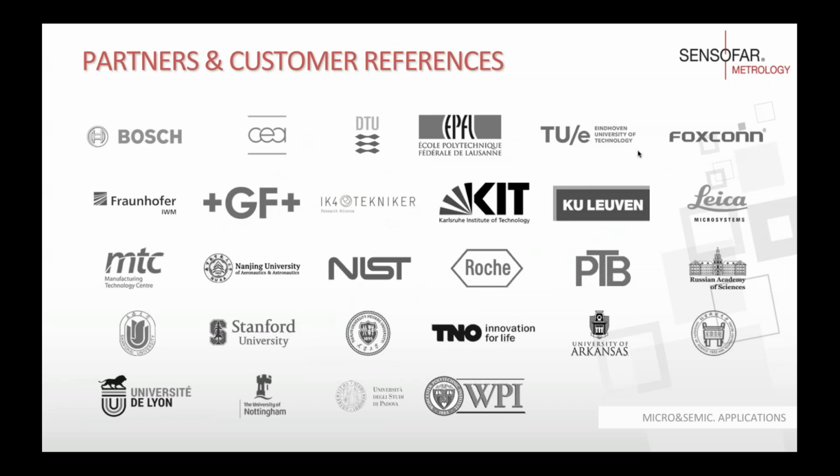This slide illustrates a nice cross-section of our partners and customer references. So plenty of industry and university. And in the United States, we're very proud to have recently partnered with WPI, located in Worcester, Massachusetts.